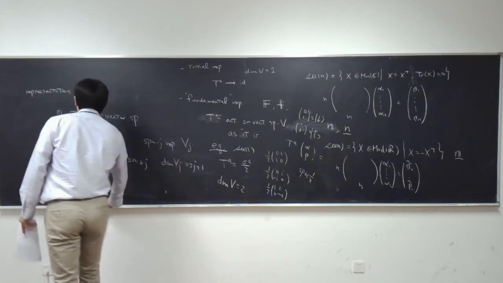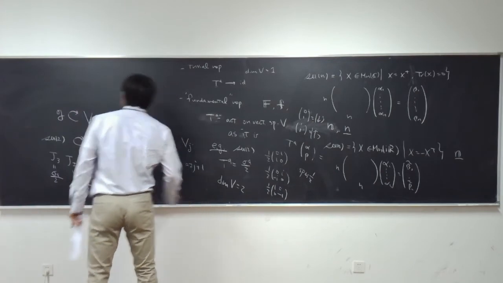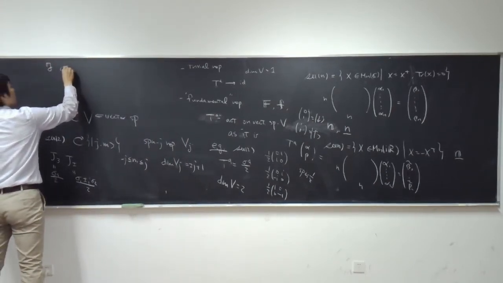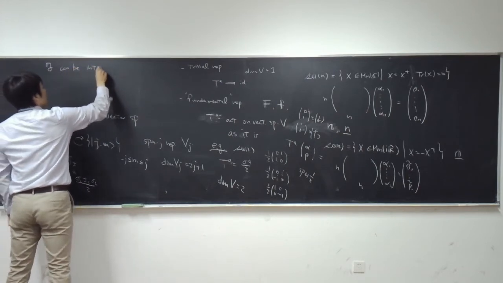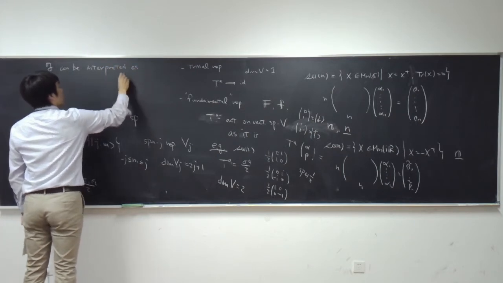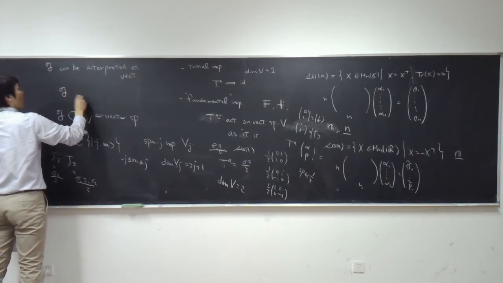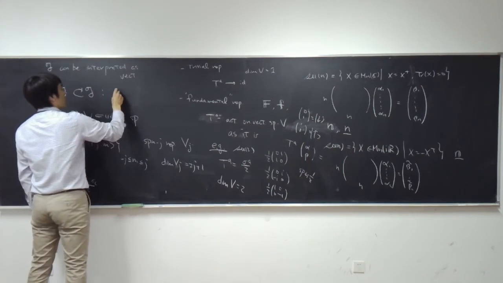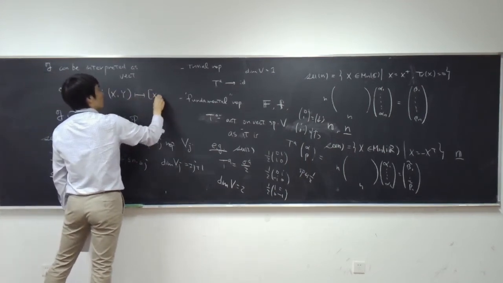Another important representation is, as I mentioned, that the algebra G itself can be interpreted as a vector space, and then G can act on G. For instance, if you have X and Y, you just take the quantity [X, Y].